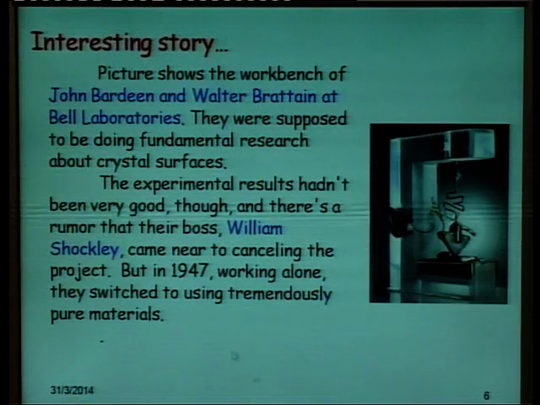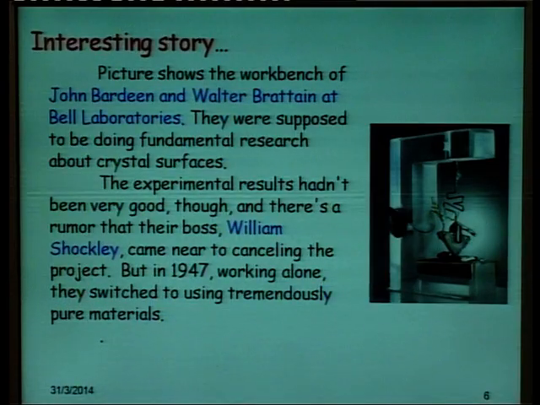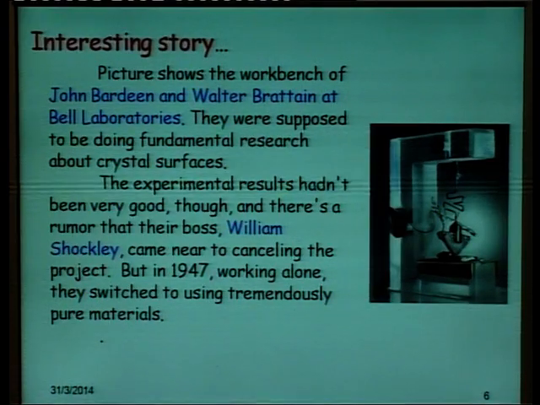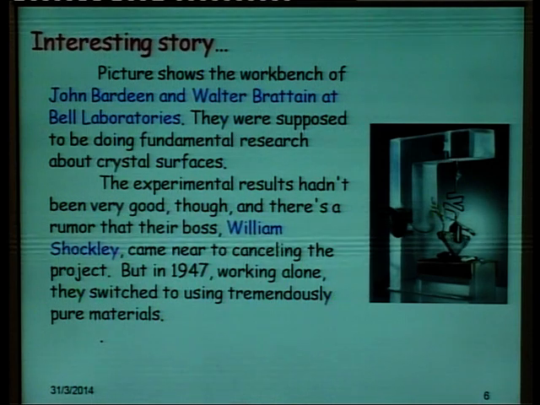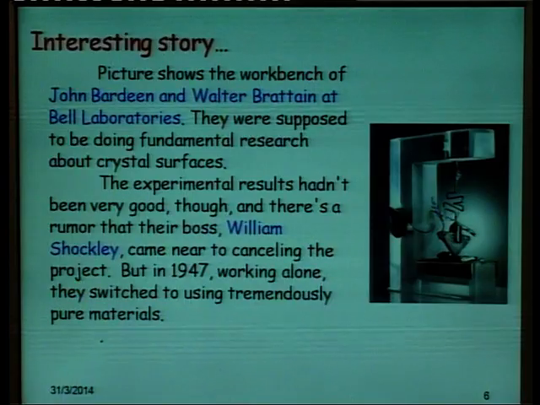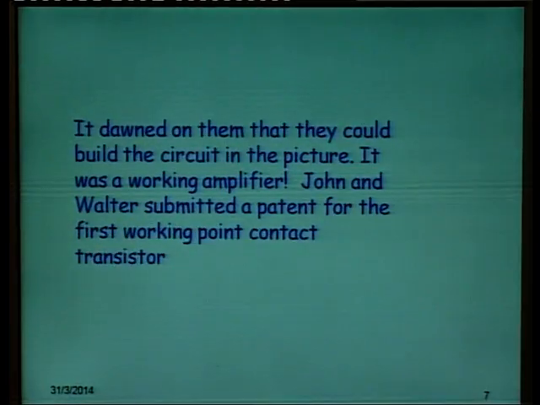They were supposed to be doing fundamental research about crystal surfaces. The experimental results hadn't been very good, though, and there is a rumor that their boss William Shockley came near to cancelling the project. But in 1947, working alone, they switched to using tremendously pure materials.